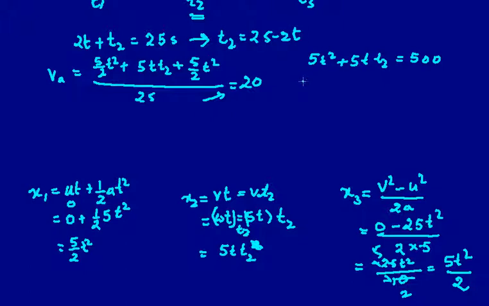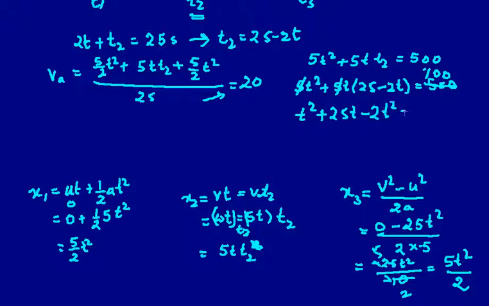So the equation would be 5t square plus 5t into 25 minus 2t equal to 500. So if I cancel out the 5s, this would be 100. So the equation that I would get is t square plus t into 25, 25t minus 2t square equal to 100.